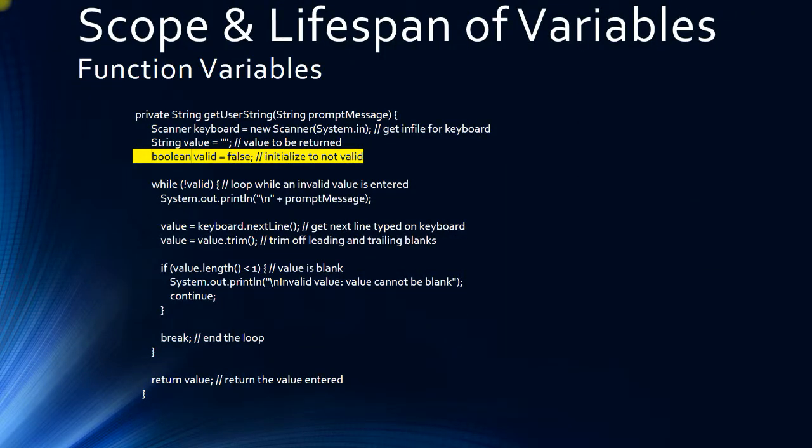And I'm going to talk about function variables. The scope of function variables is within the functions themselves. So if this function is within the class that Braden spoke of on the last slide, these function variables are only within the function. They're not within the class, so they can only be utilized within this function, and their lifespan is only while this function is running.